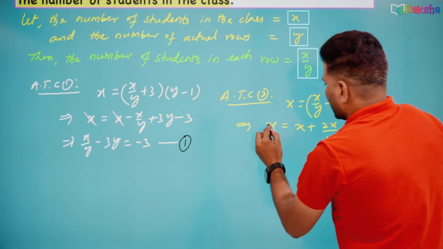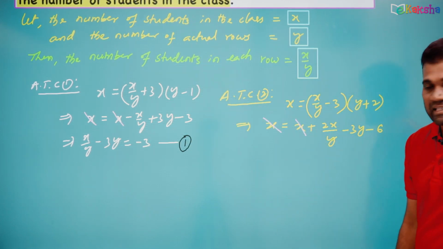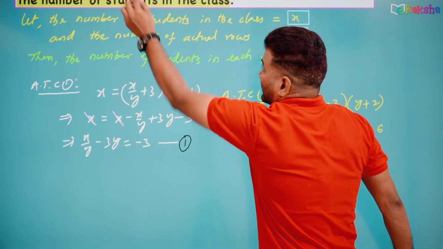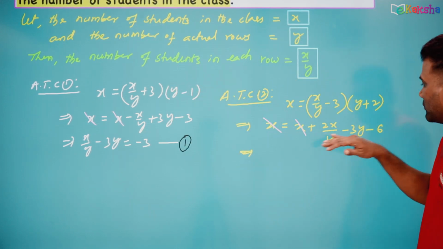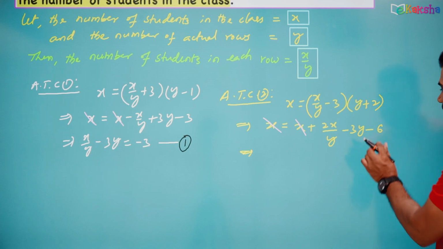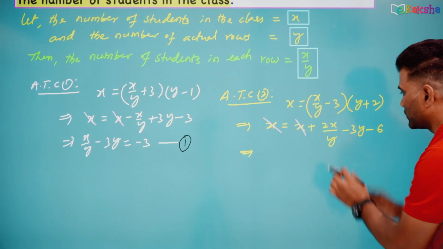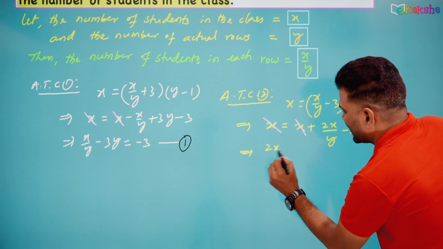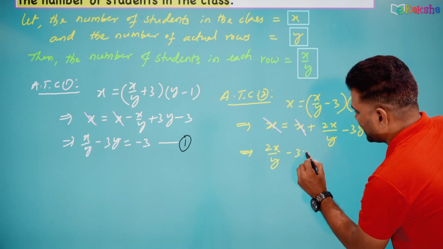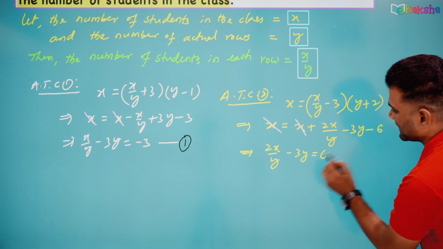Again the positive x gets cancelled on both sides. Then on shifting this negative 6 to this side, it becomes positive. So this becomes 2x upon y minus 3y is equal to 6.